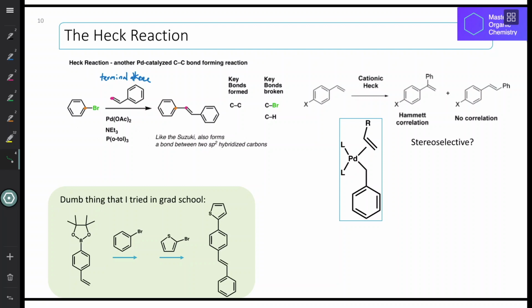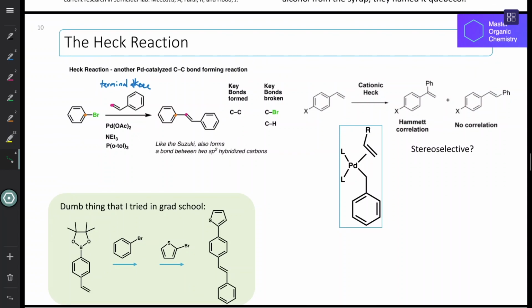The Heck reaction is pretty stereoselective for this end of the alkene, but not always. And that really depends on the conditions. Again, this is more advanced than we're really going to go into.